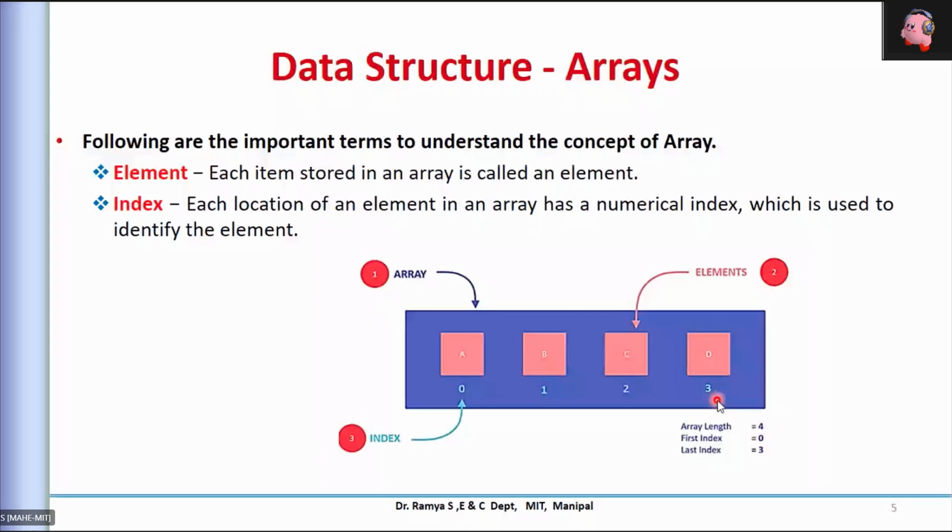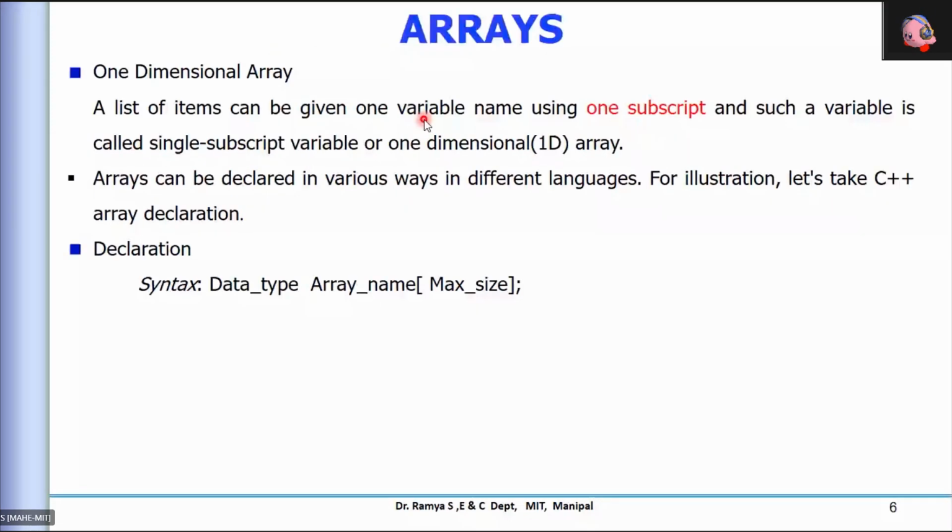So the array is a container for me. All these elements are its components, or we call them elements, and the index, in the case of your C++ implementation, will be one less than the number of elements. Already we have seen in the case of a one dimensional array, we use one subscript to get the elements or insert an element.